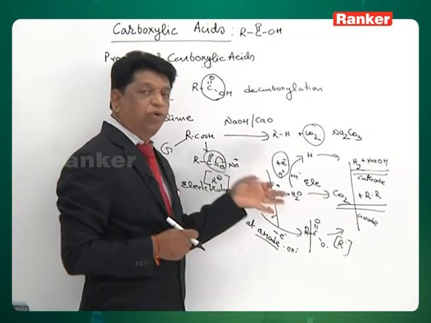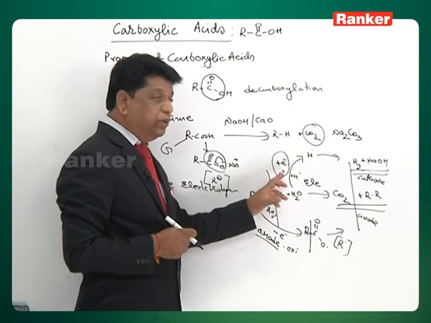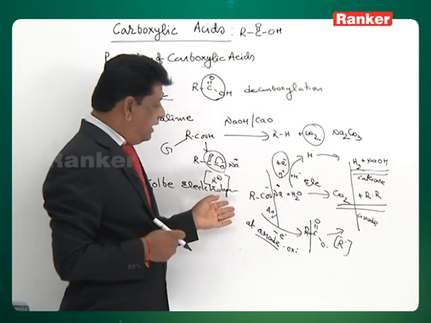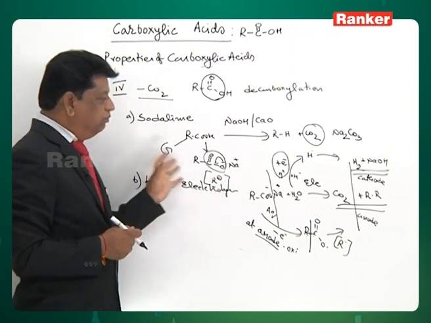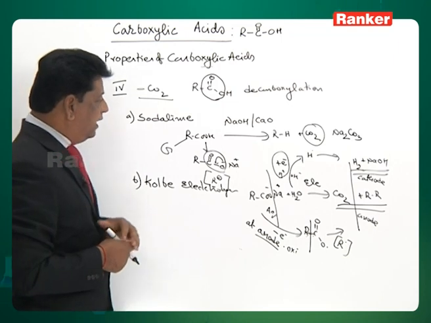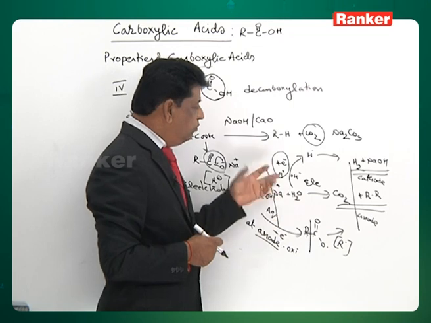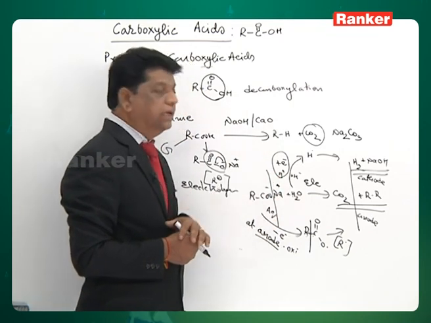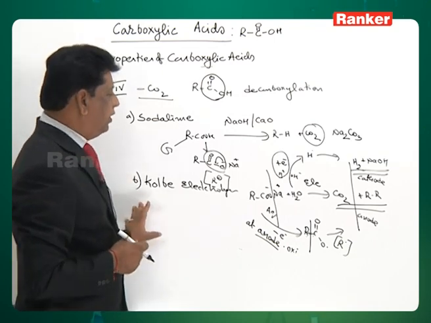Therefore, if you add a drop of phenolphthalein to this electrolysis medium, at the cathode the pink color develops, at the anode decolorization, that is, no color. That is also how one can observe the progress of the Kolbe electrolysis. So finally, the 4 products are formed.